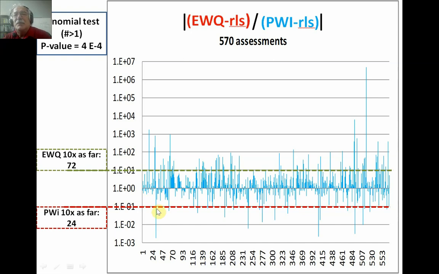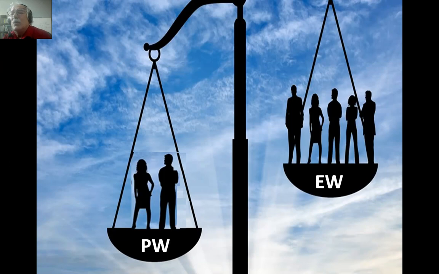Down here, if it's below this red line, it means that the performance weighted forecast was at least 10 times as far as the equal weighted forecast. And you see that 72 of these lines are above the green and 24 are below the red. So again, a very strong validation of the forecasting advantage that you get by quantifying uncertainty and combining experts with performance-based weightings.